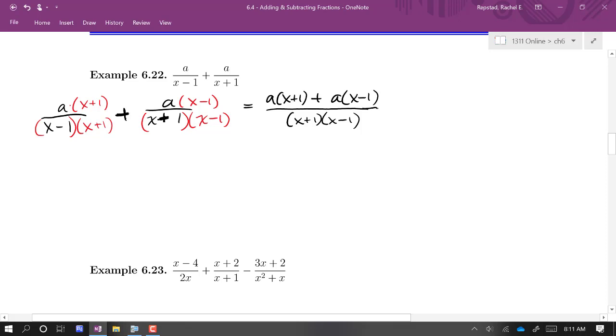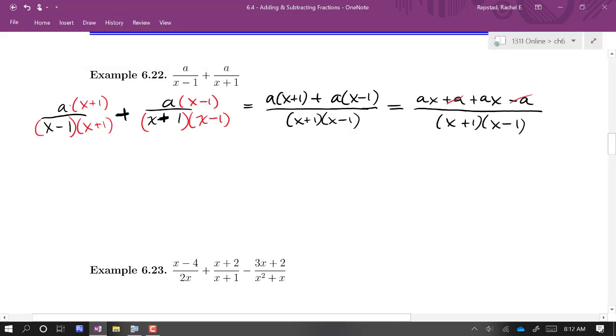There are a couple of different ways we could approach simplifying. One pretty straightforward way is to do all of the distributing and combine like terms. If we do that, we get ax plus a plus ax minus a all over x plus 1, x minus 1.